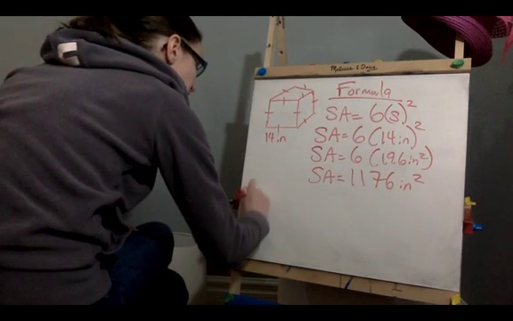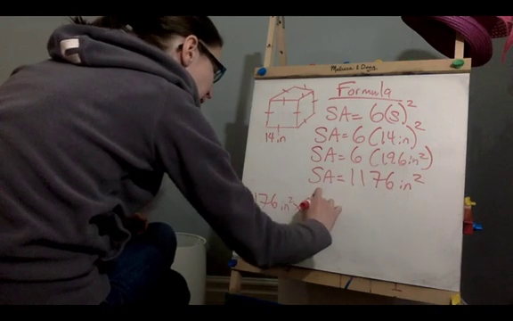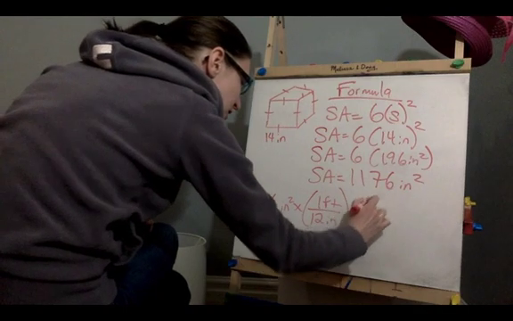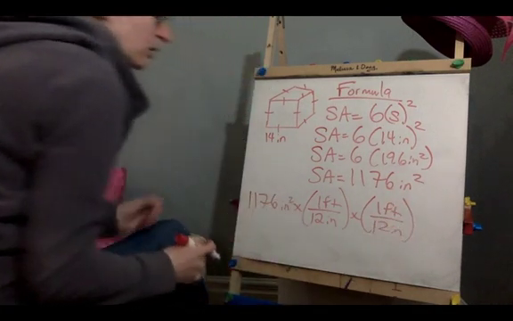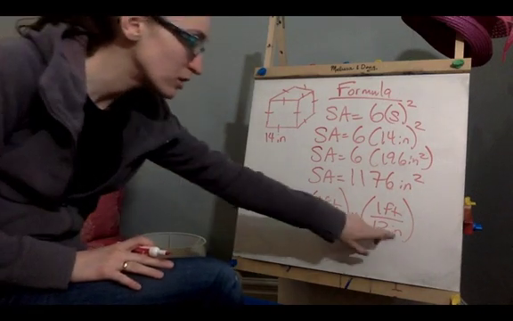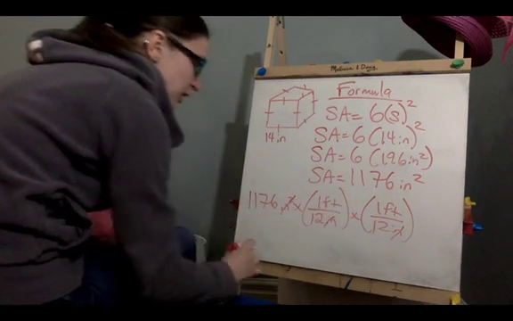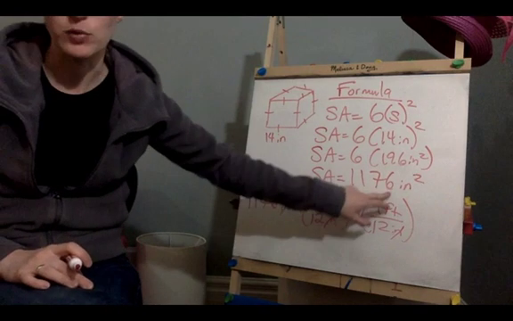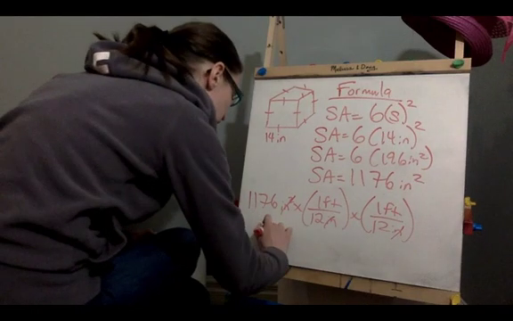So I would take my 1176 inches squared, multiply it by 1 foot divided by 12 inches once, and again twice, because you're trying to cancel out inches squared. You need 2 inches to cancel, inches and inches, and you'll be left with an answer in feet squared. So it's 1176 times 1 divided by 12 times 1 divided by 12, and you get an answer of 40.8 feet squared.